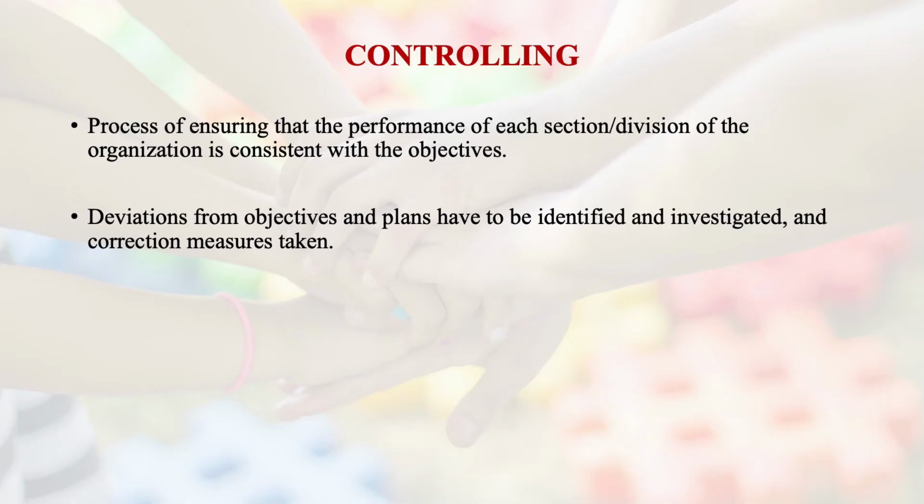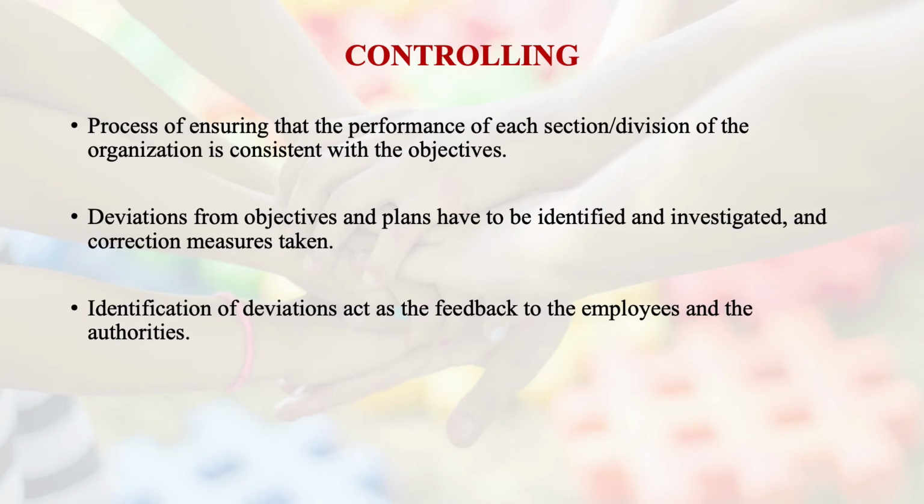So it is natural in that case. Any deviation or aberration from the objectives and plans of the organization needs to be identified and investigated, and corrective measures should be taken. This is very important.